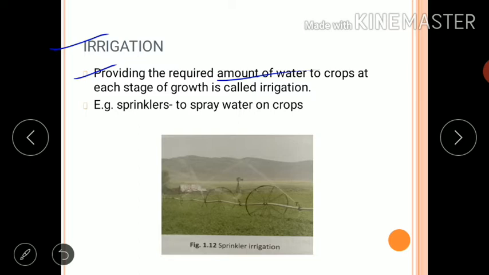Therefore, water is provided to plants from wells, bore wells, canals, rivers, etc. One of the irrigation methods that we use is the sprinklers. It is used to spray water on the crops, like you can see over here.